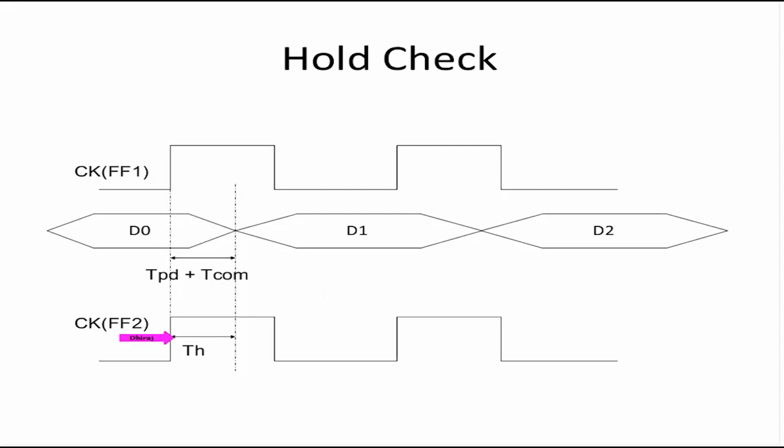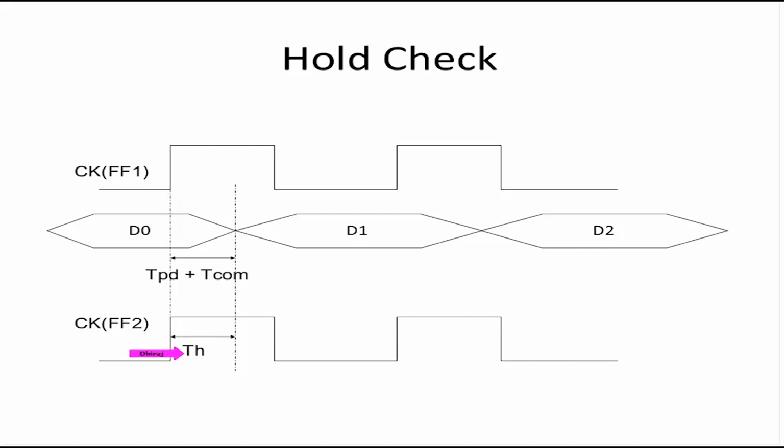I'll repeat. It's very important to understand that FF1 launches data D1, old data was D0, D0 transitions into D1, but the constraint here is that data for FF2 should not change within this window, within the TH window. So TPD plus TCOM should be greater than TH.